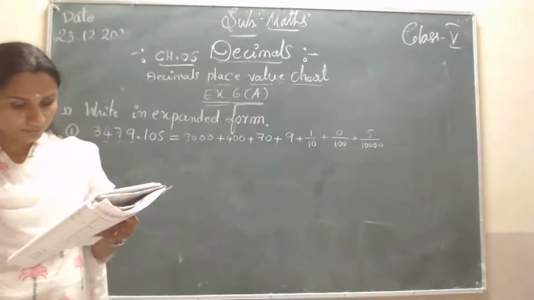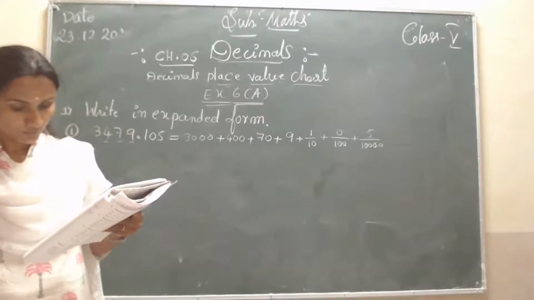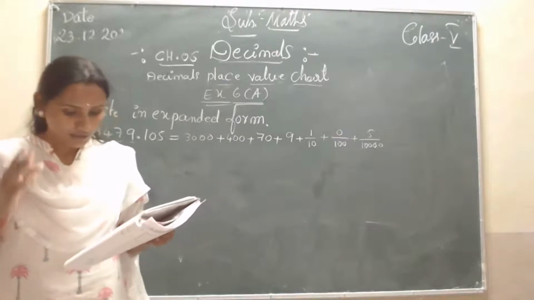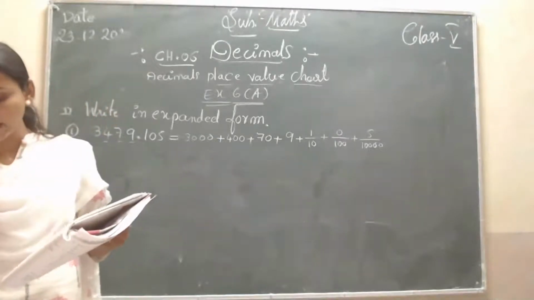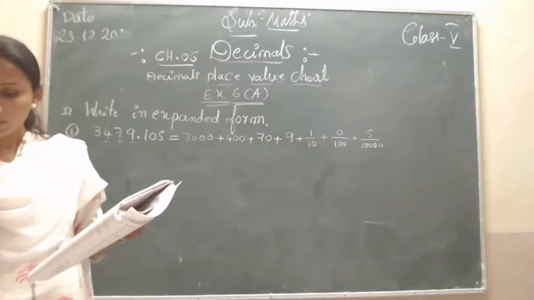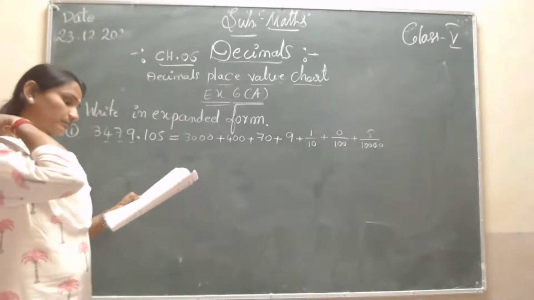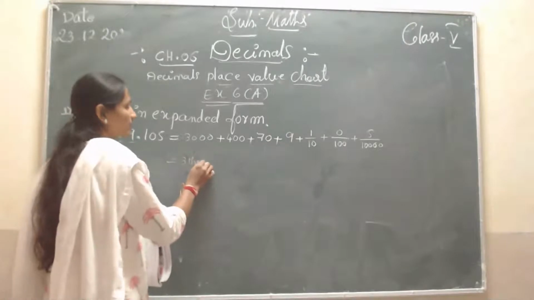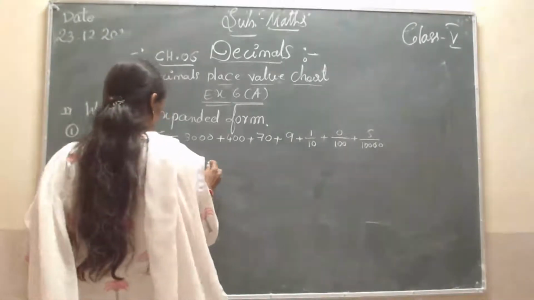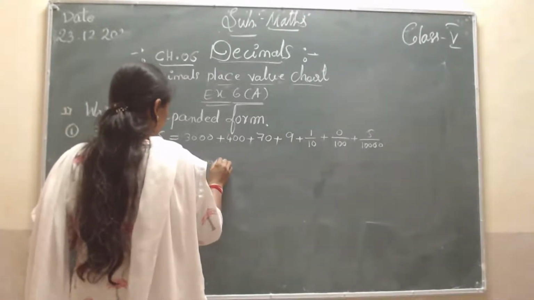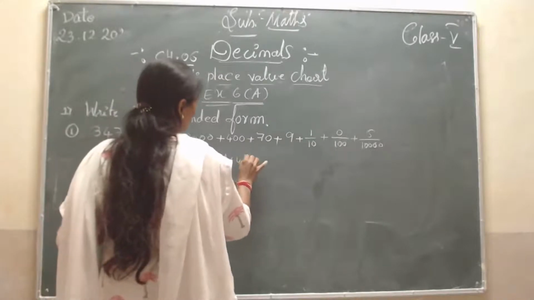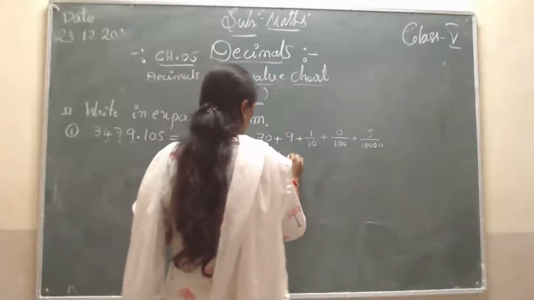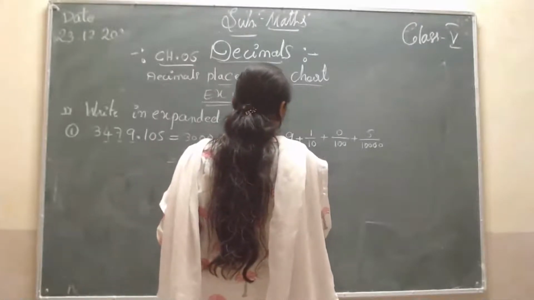So next question. B and A are both the same, given with some different numbers. Students, you can see in C it is given with some different numbers. So you have to write this as 3000. Next is 400. Next is 7 tens.